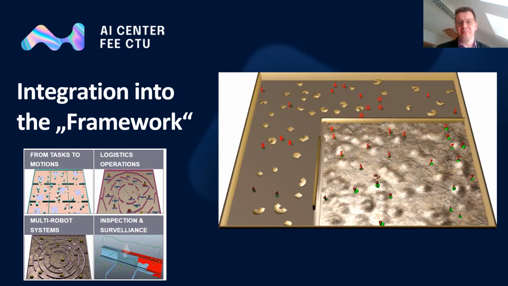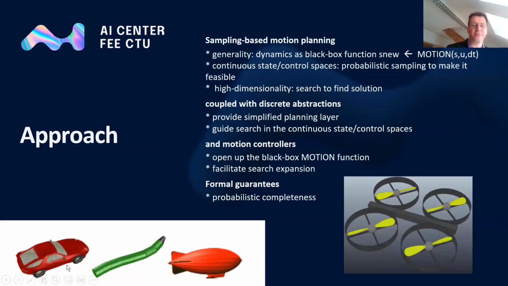So there is physical motion involved, and it still can finish this multi-goal motion planning problem and find all of the goals. So we had different robot models like this car, a snake, or a blimp, and we also had a quadcopter.